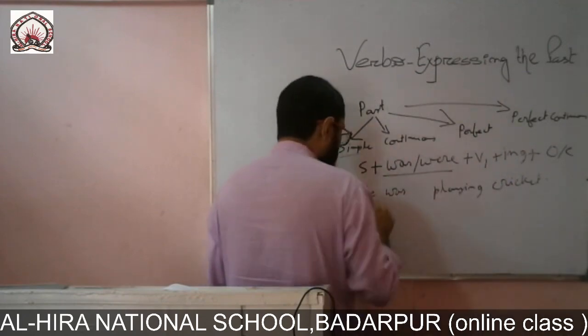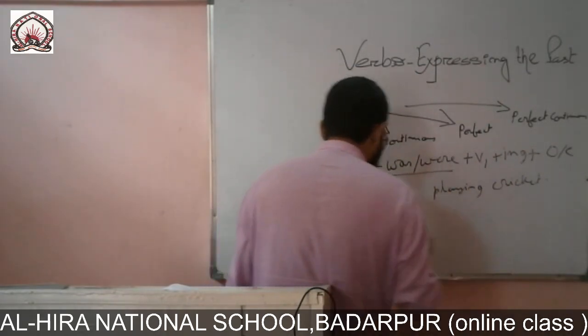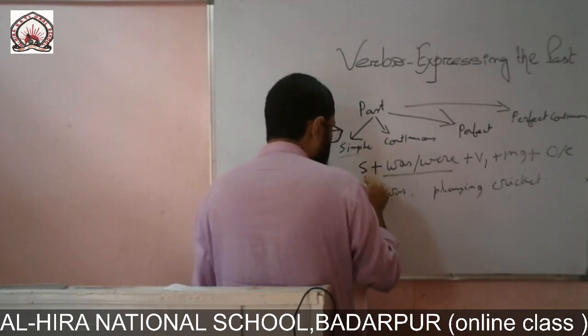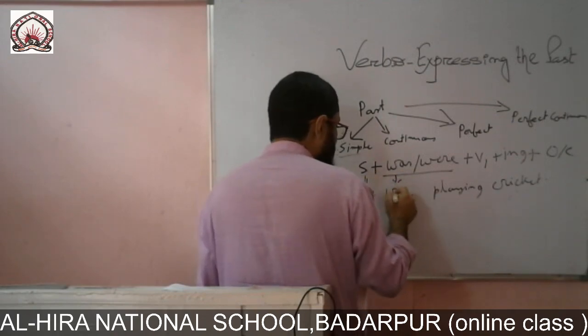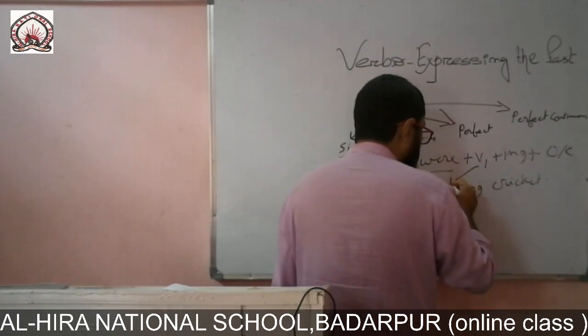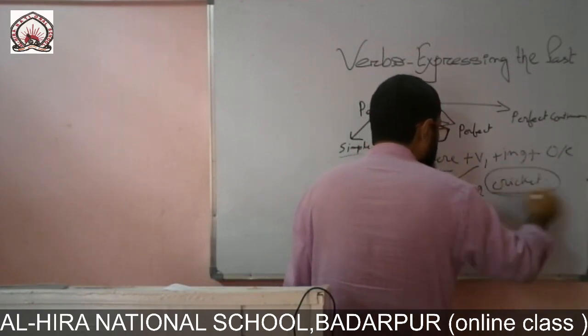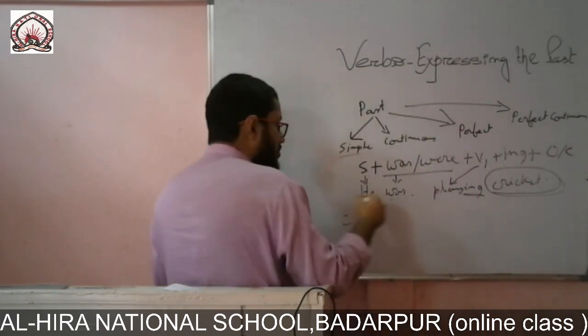Subject has been put here, right after that was is given, then verb 1 play, along with that ing has been added, then the object. So we have to write in this way.